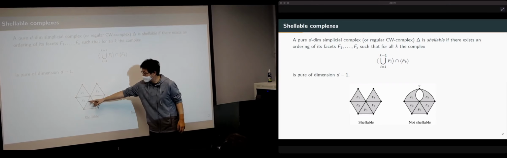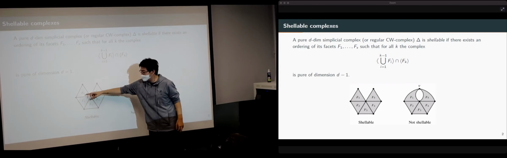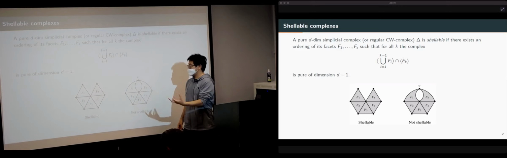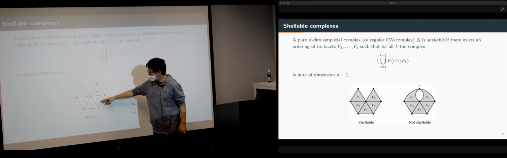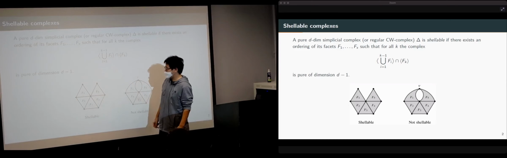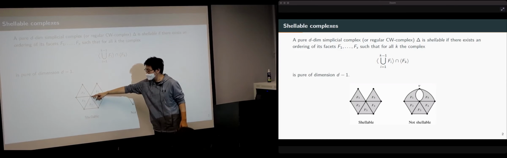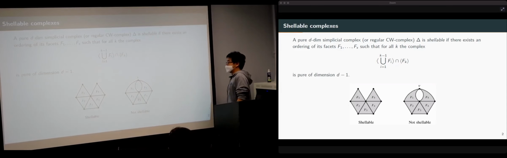And when you try to attach F3, compared to F1 and F2, the intersection of F3 with it is, again, a single edge, so that looks good. And F4 attached to F1, F2, and F3, again, the intersection is a single edge, so that's good. And now for F5, when you attach it over here, again, the intersection is a single edge, so that's good. So this is a shelling ordering.